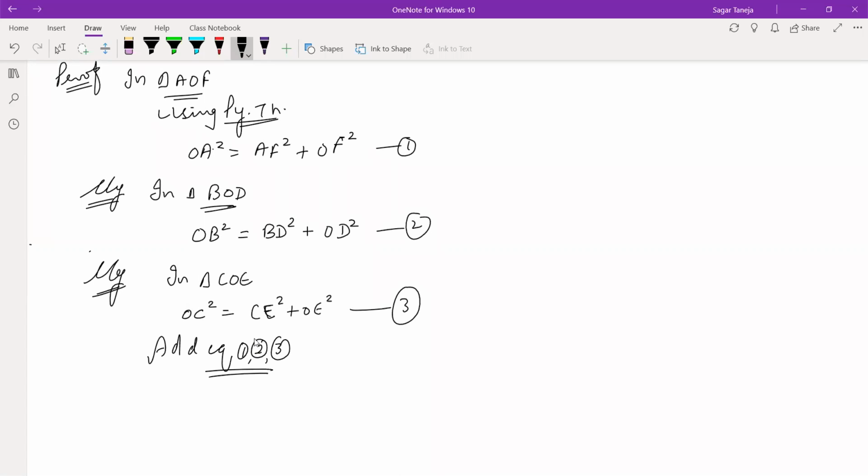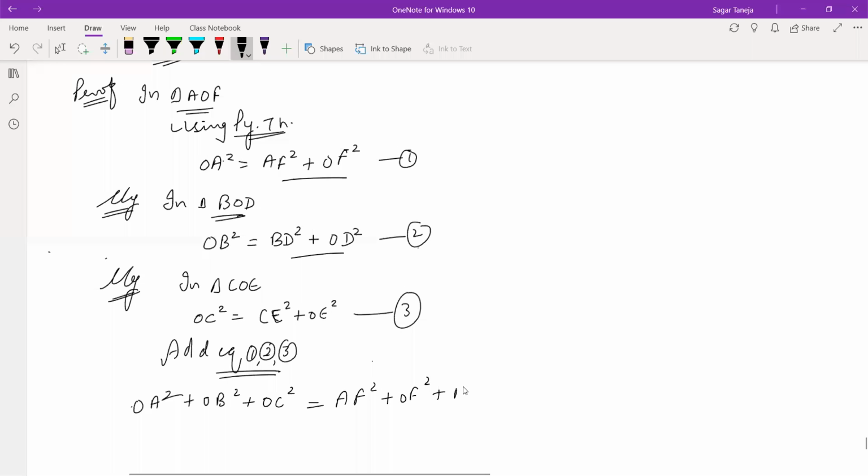Add the LHS, which is OA square plus OB square plus OC square, is equal to, just write these all, AF square plus OF square, then BD square plus OD square plus CE square plus OE square.